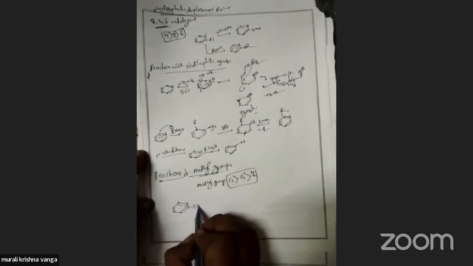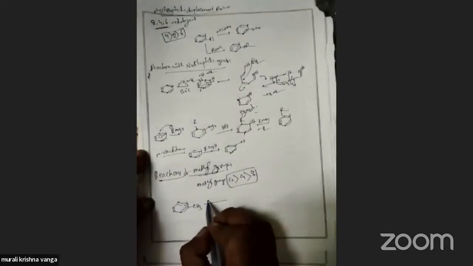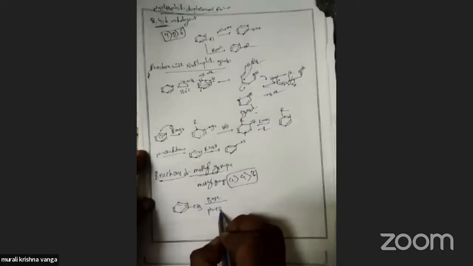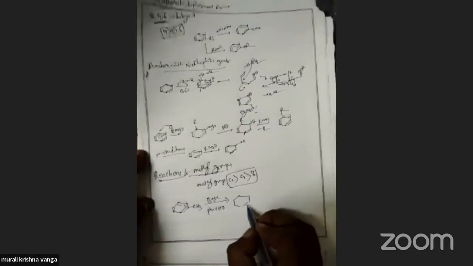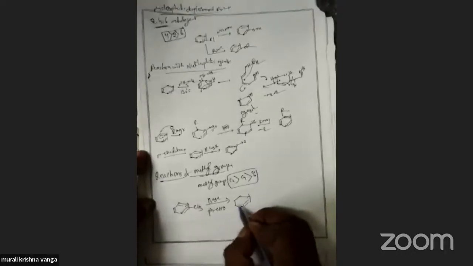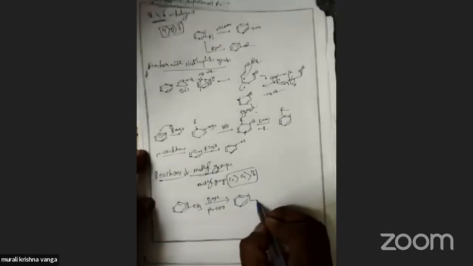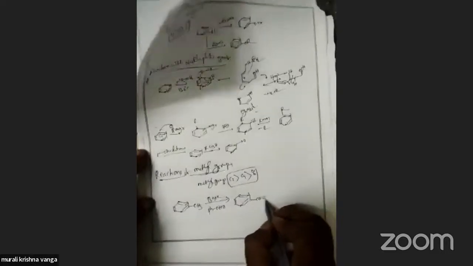If methyl at the C2 position is reacting with base followed by aldehyde, then chalcones formation takes place, with elimination of a water molecule.